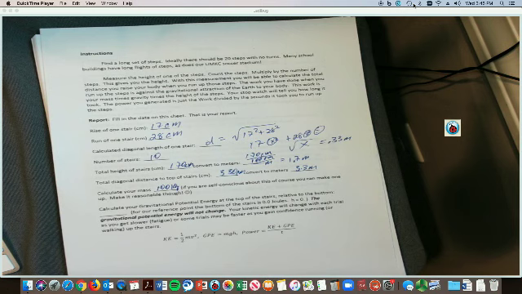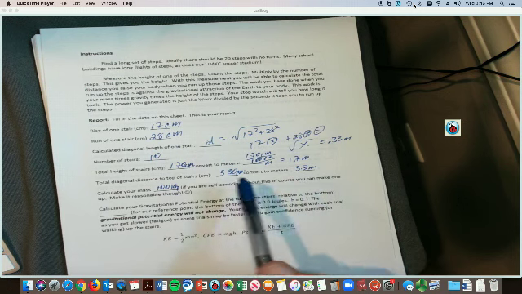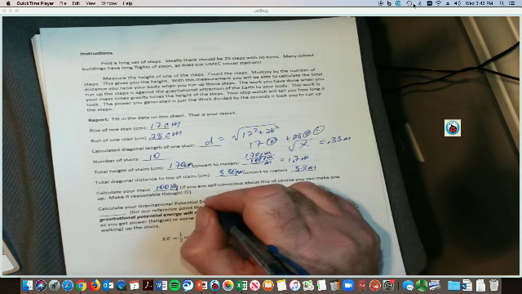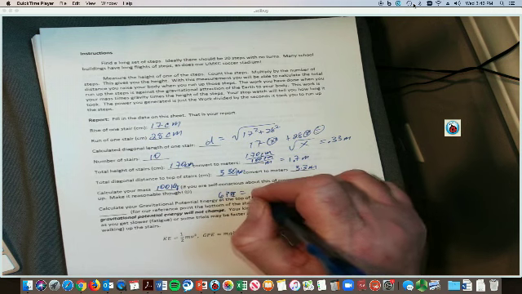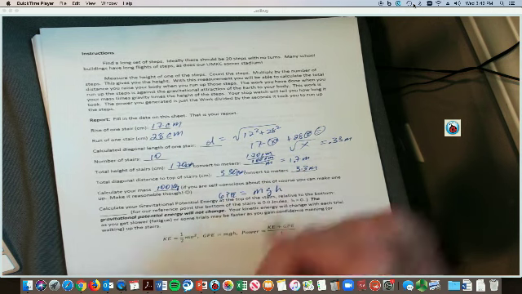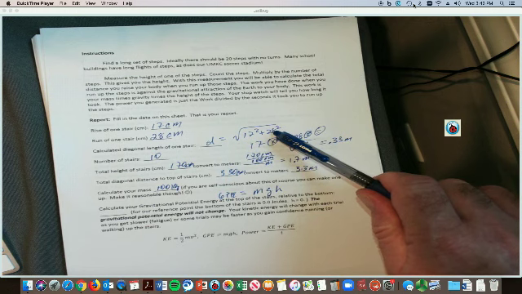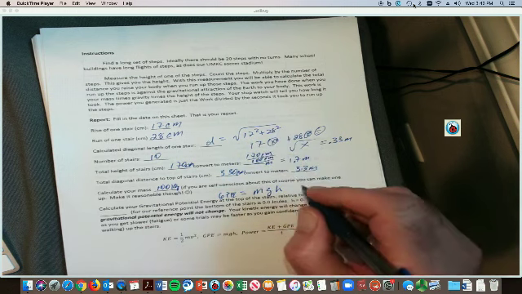So anyway, now calculate your gravitational potential energy. The gravitational potential energy is equal to mg times h, where h is the height of the stairs. My total height was 1.7 meters.